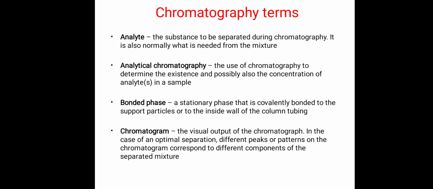Bonded phase: a stationary phase that is covalently bonded to the support particle or to the inside wall of the column tubing. Chromatogram: the visual output of the chromatograph. In the case of optimal separations, different peaks or patterns on the chromatogram correspond to different components of the separated mixture.